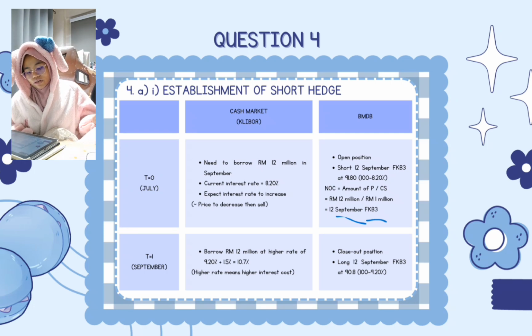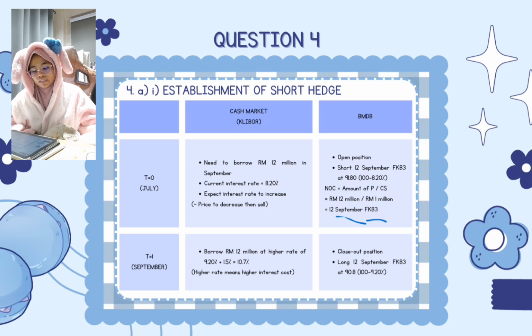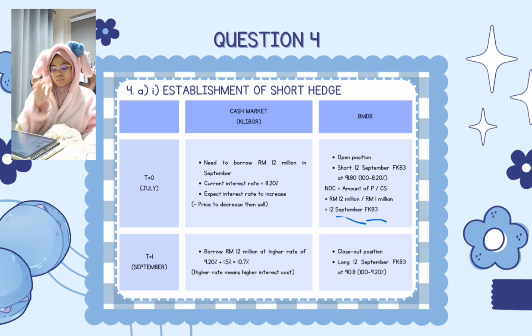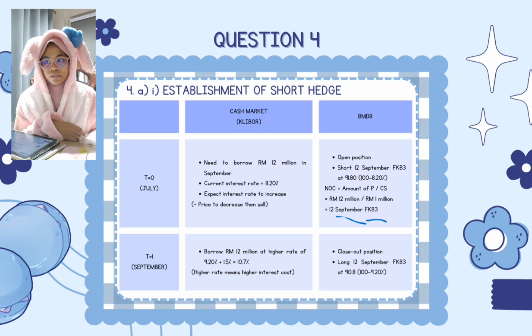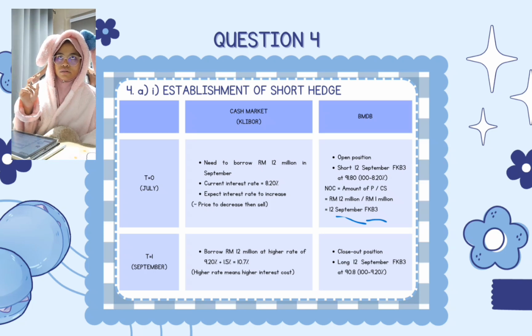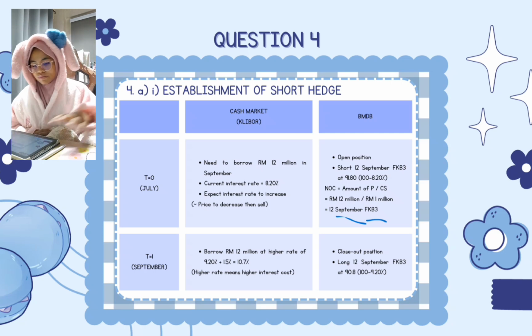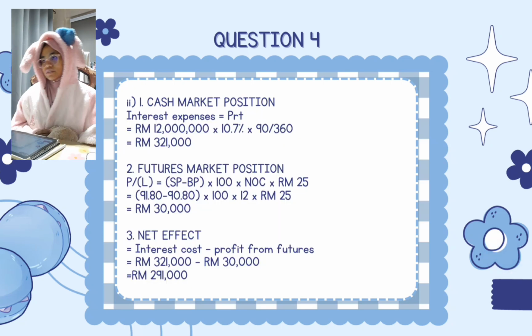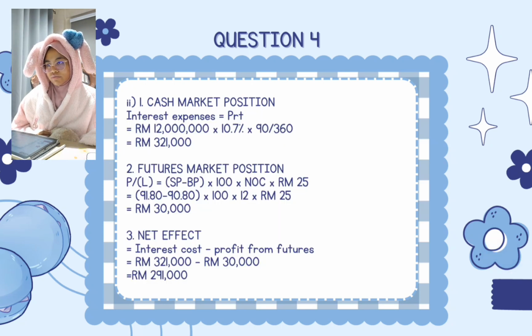For the close-out position, long 12 September FKB3 at 90.8, which is just 100 minus 9.20%, the converged rate. Next, calculate the effective interest rate.